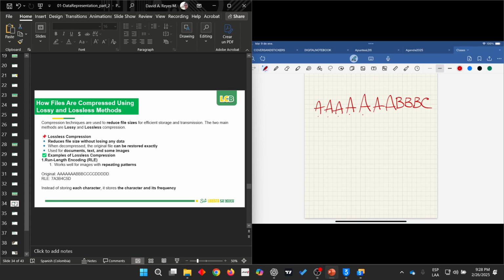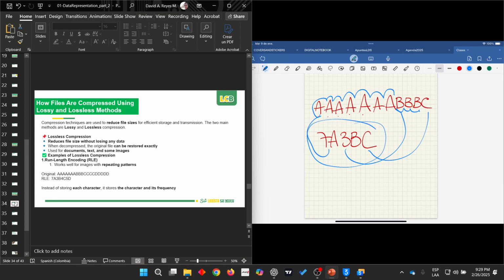When you compress the file, we are going to have something like this: 7a, 3b, c. What does that mean? That we have 7 a's: 1 2 3 4 5 6 7. We have 3 b's: 1 2 3, and 1 c. This is the compressed file, and this is the original file. That is the method called run length encoding, RLE.